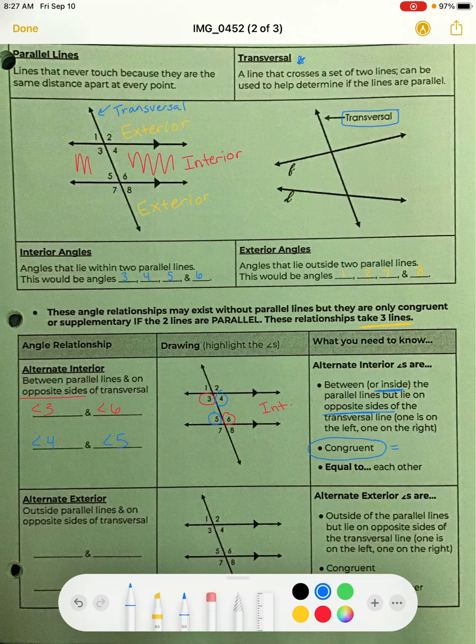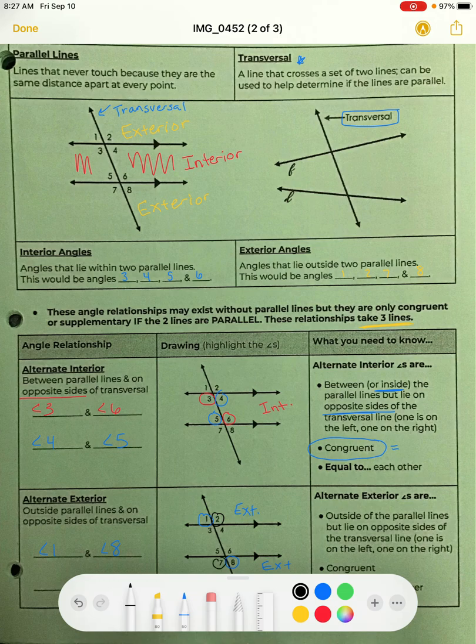Okay? The next one is called alternate exterior. Exterior in this picture would be on the outside of the parallel lines. So we could say 1 and 8 are alternate exterior. They're on opposite sides of the parallel lines and on the outside.